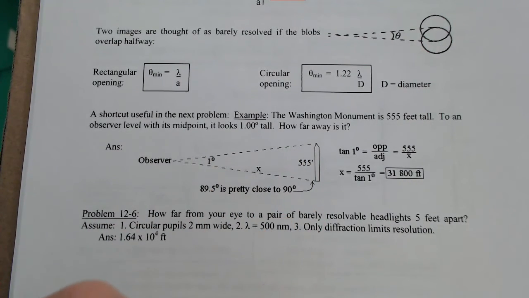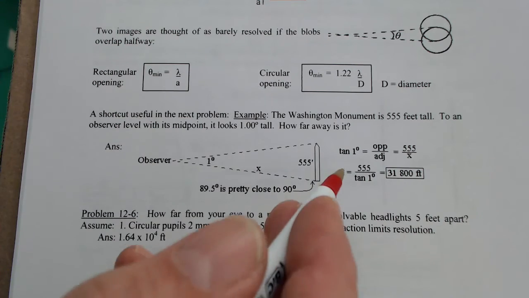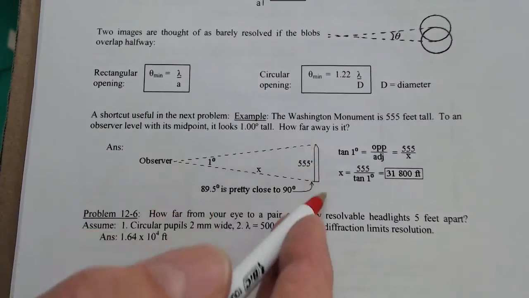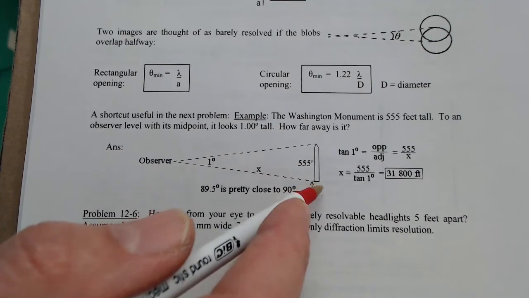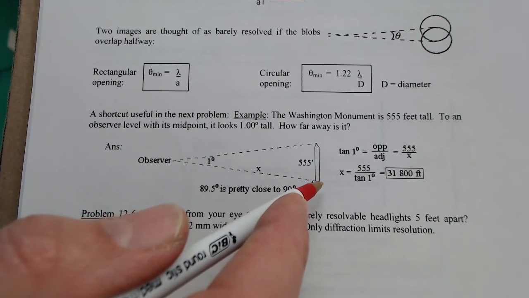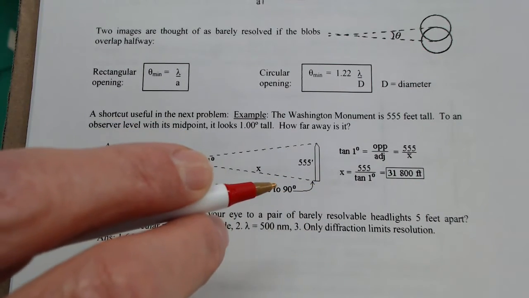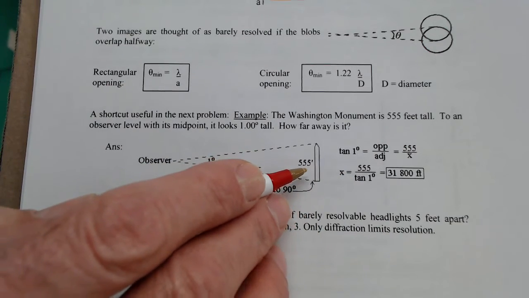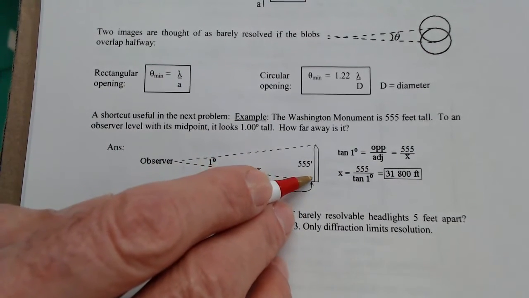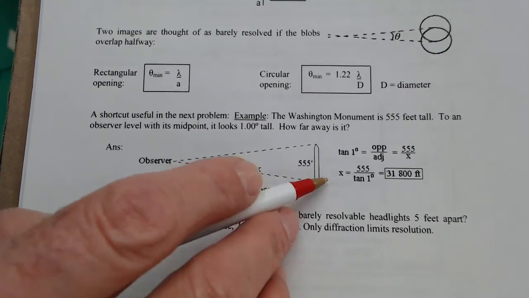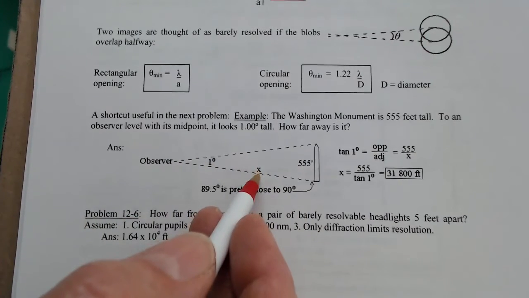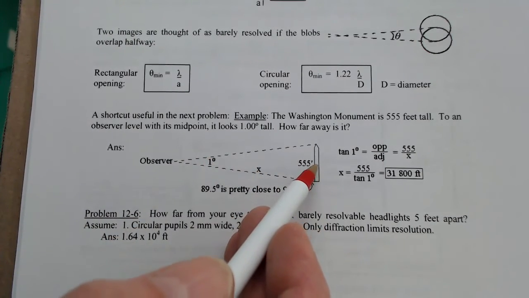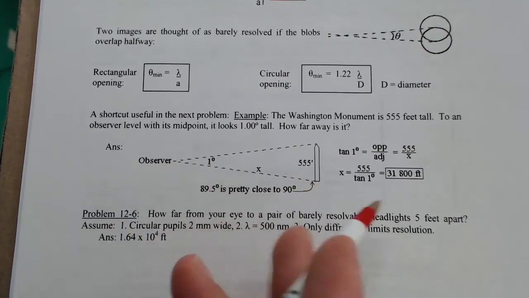So you could do some trigonometry, but it's an isosceles triangle where the base angles are 89.5 degrees. That's close enough to 90 that it introduces a very small error to assume that it's 90. And say that you can calculate this distance x by saying the tangent of 1 degree is equal to the opposite side over the adjacent side.